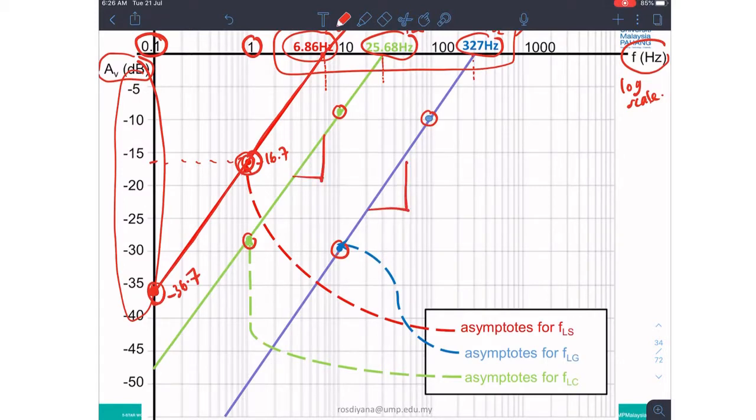The slope is 20 dB per decade, because you see from decade to decade, from 10 to 100, this height is 20 dB and its width is 1 decade, equal to 10.